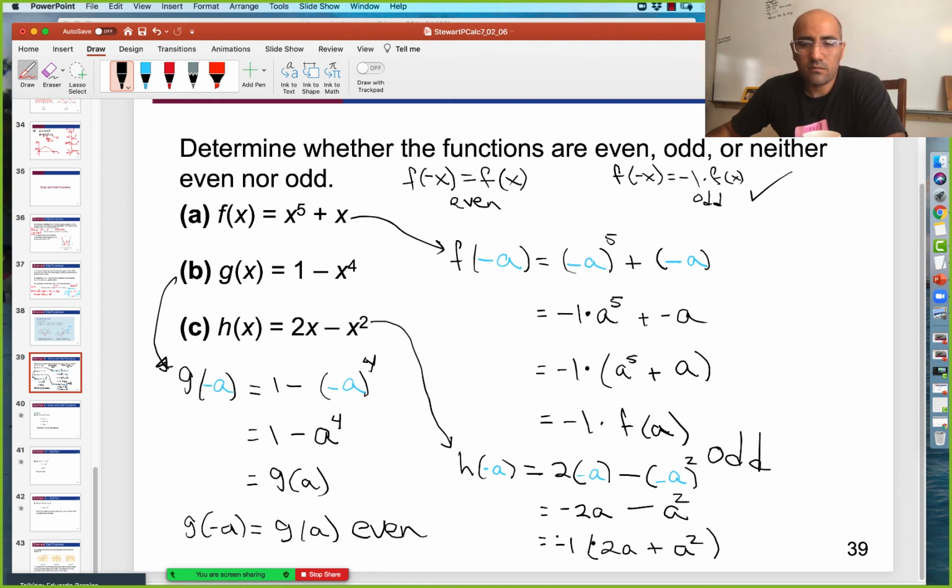And now, well, this is not exactly this evaluated at a because of the minus. This has a plus, this has a minus. It's not equal to that. And so it's neither one. This one here, before we factored out the 1, was not exactly equal to h of a. So neither one of these is going to be helpful. So this one's neither. Any questions?